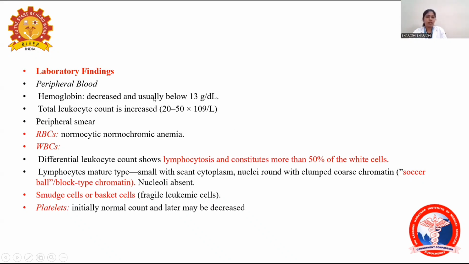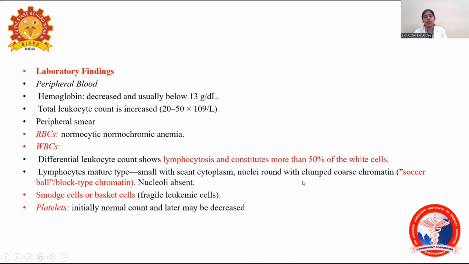The hemoglobin of the patient is usually decreased to below 13 gram per deciliter. The total leukocyte count is increased, and RBCs are usually normocytic normochromic.